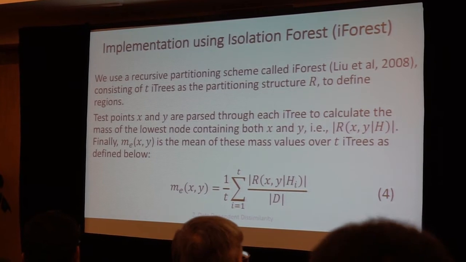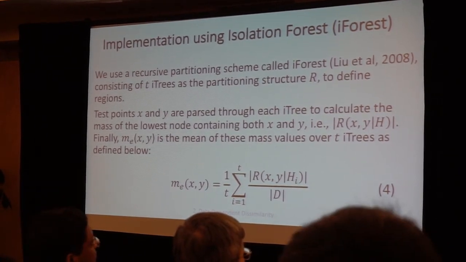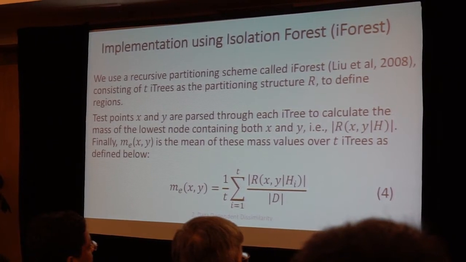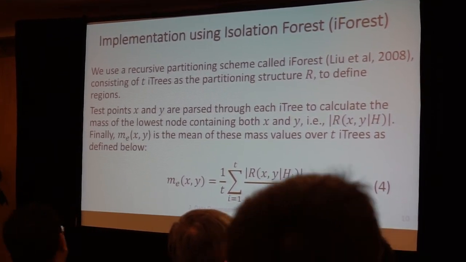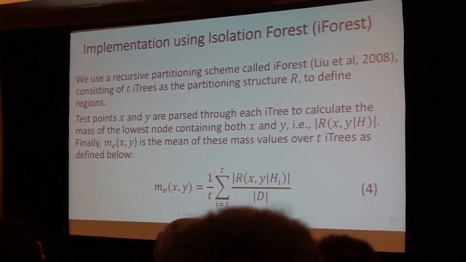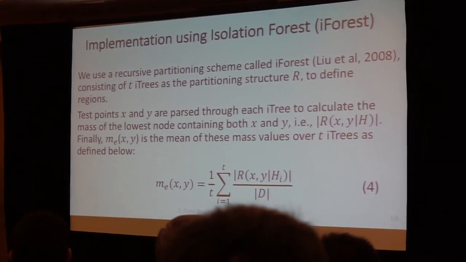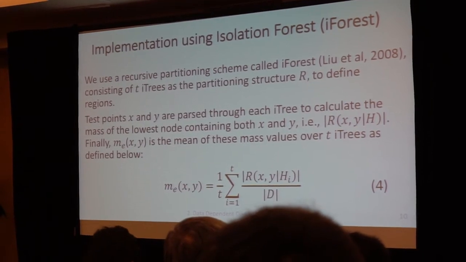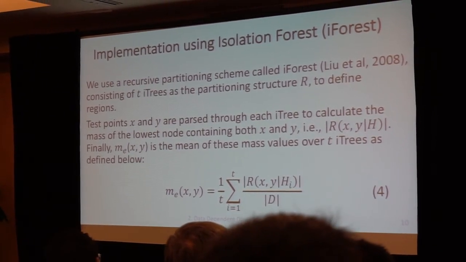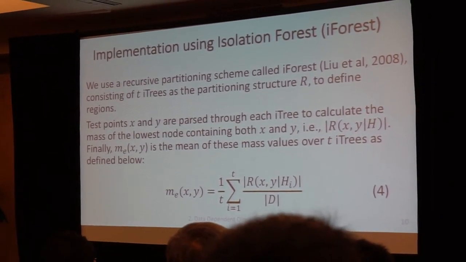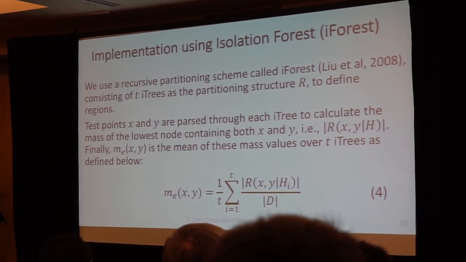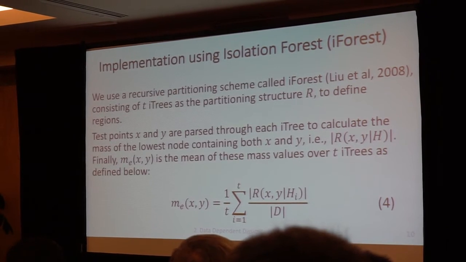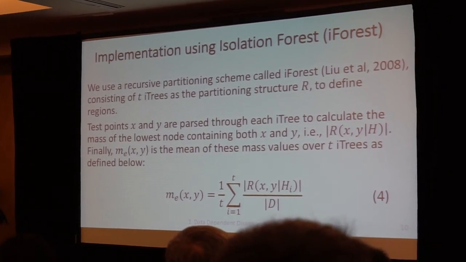Once you've got that, because it's a tree structure, all you have to do is pass x and y through the tree down to the lowest node which contains x and y. Okay, and then you compute the probability mass on that node. Then you just average over T trees. That is the implementation we're going to use.